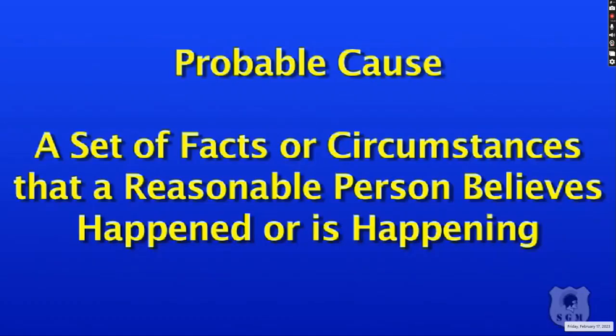But before you even approach someone suspected of a misdemeanor or a felony for that matter, be absolutely sure that you have sufficient probable cause. What is probable cause? The definition of probable cause is a set of facts or circumstances that a reasonable person believes happened or is happening.